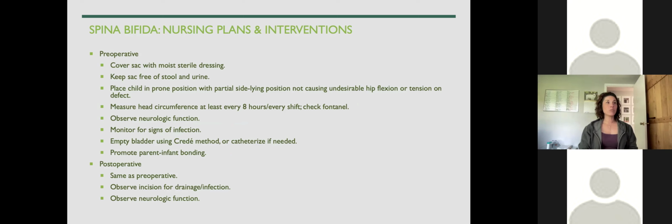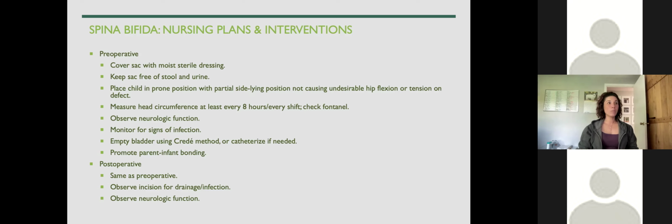These patients will be prone or maybe side lying so that we're not causing any tension or putting any pressure on that defect. We're going to be doing intense neurologic checks on these babies. We're going to be measuring their head circumference frequently and checking those fontanelles with every assessment. We're looking at their neurologic function, watching for signs of infection. That's one of their biggest complications.